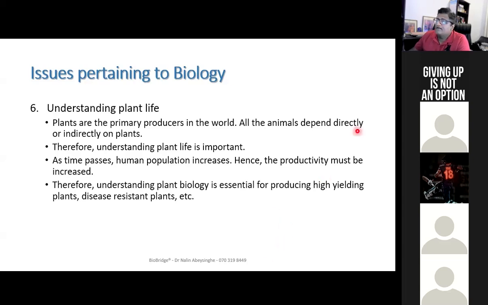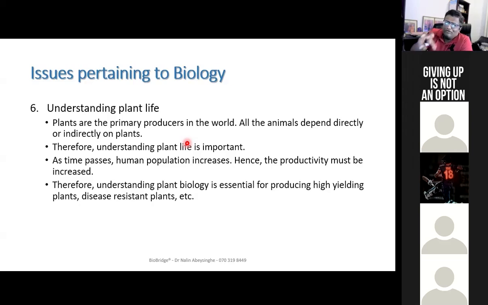Understanding plant life, like animal life, is important. They are the primary producers in the world. Whatever food chain you take, the first step in a food chain is a plant or green plant, right?